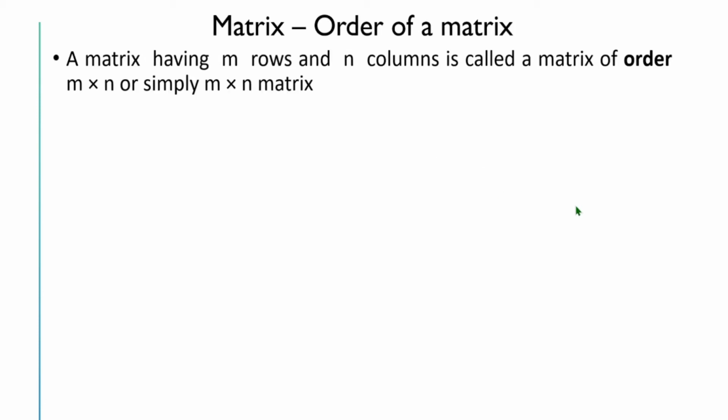Now let us see what is the order of a matrix. A matrix having m rows and n columns is called a matrix of order m by n, or simply an m by n matrix. So we say this as m by n, or we call this a matrix of order m by n, or simply an m by n matrix.